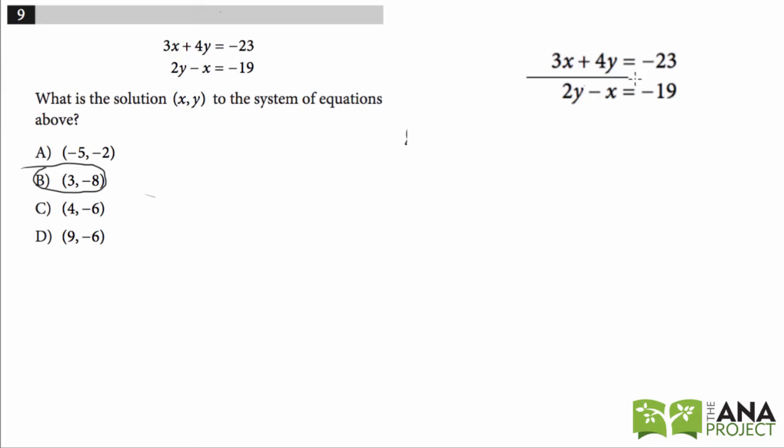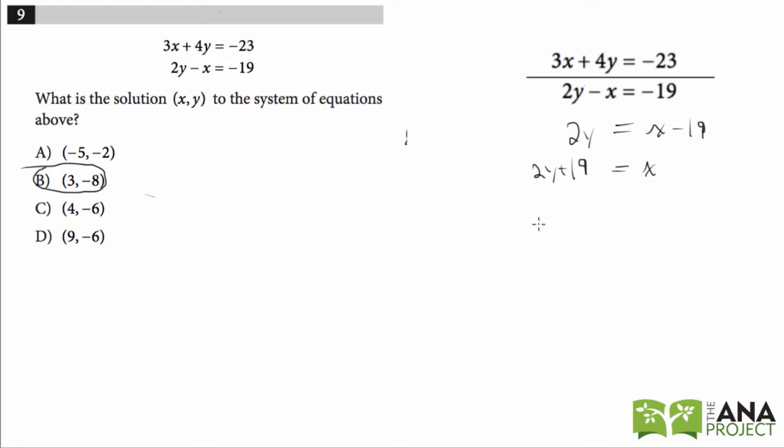So this we're going to leave as is. So let's solve for x. Let's isolate x. So if I add x to both sides, this would be x minus 19 equals 2y. And if I add 19 to both sides, this would be x equals 2y plus 19.